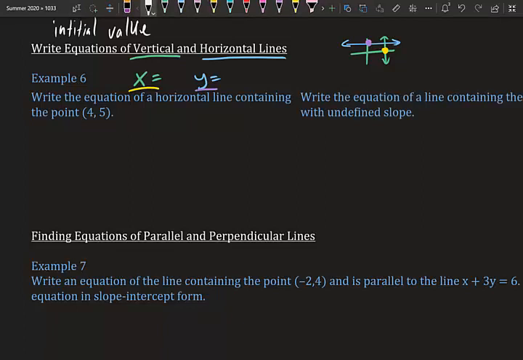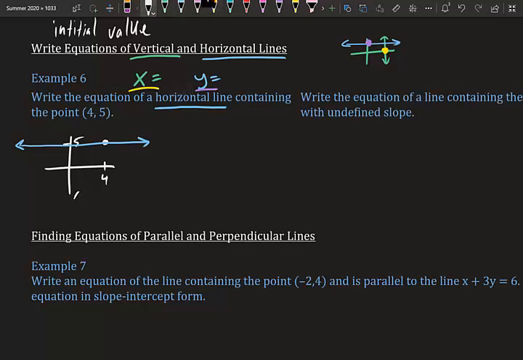So let's write the equation of a horizontal line containing the point 4, 5. So I want to paint this picture. The point 4, 5 is right here, and we're looking for a horizontal line. So a horizontal line that goes through that point would have to look like this, right? Because it goes through the point. So what axis does it cross? It crosses the y-axis.